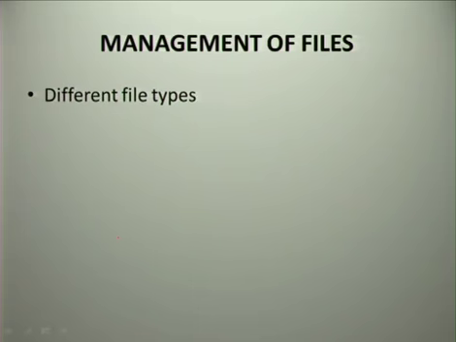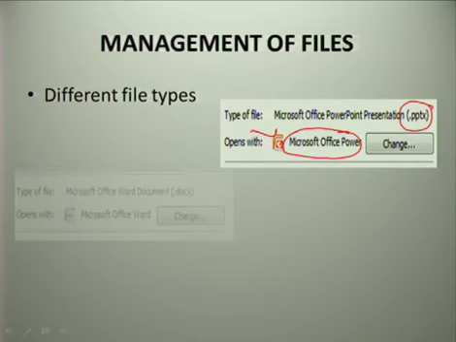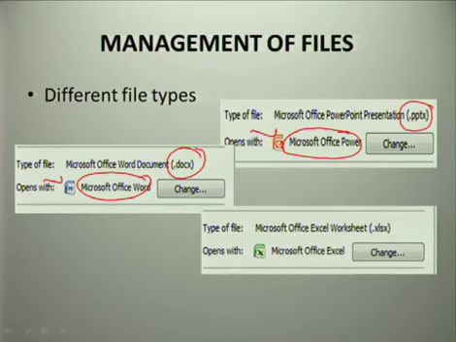Now, different file types. I have a few examples here. You have a file type here for Microsoft Office PowerPoint, and you can see the icon there and the file extension there. And then we have Microsoft Office Word, with the icon as well as the file extension. Then we also have Microsoft Excel, the icon as well as the file extension of that document.